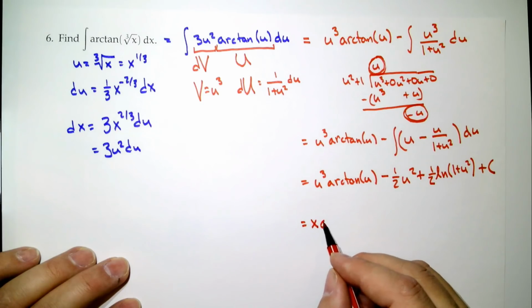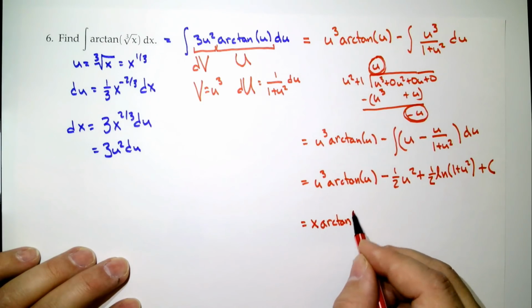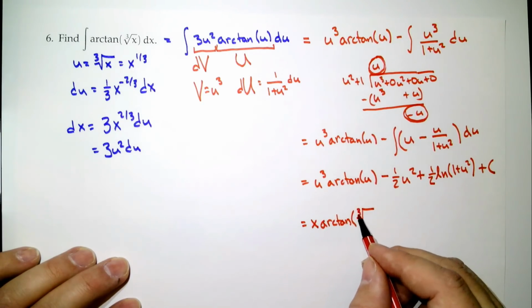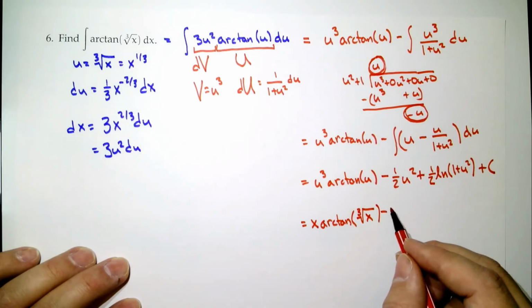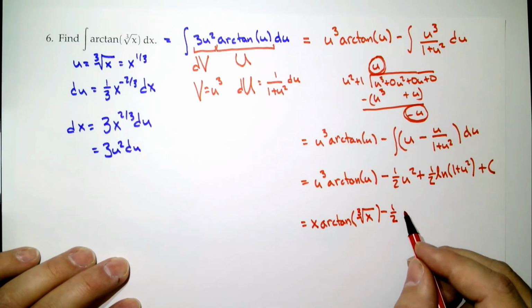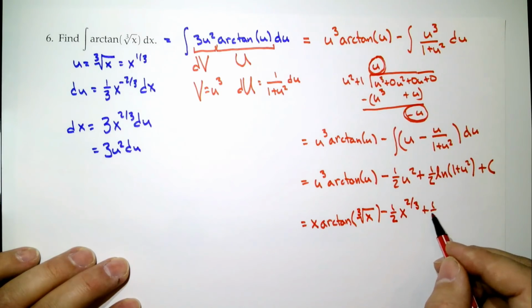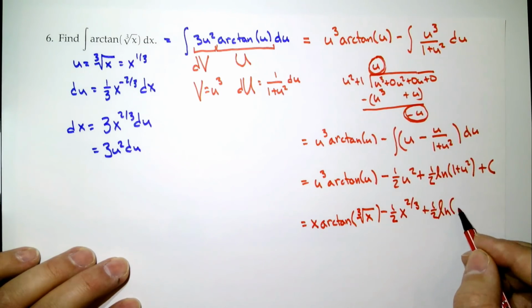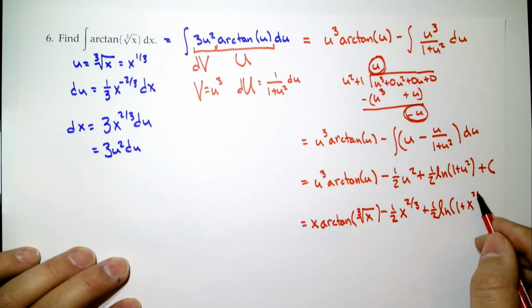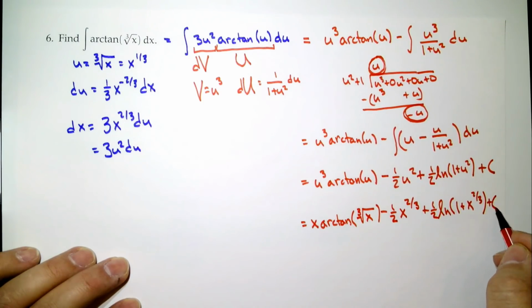So it becomes x arctangent cubed root of x minus 1/2 cubed root of x squared. So that's x to 2/3 plus 1/2 log 1 plus x to the 2/3 plus c.